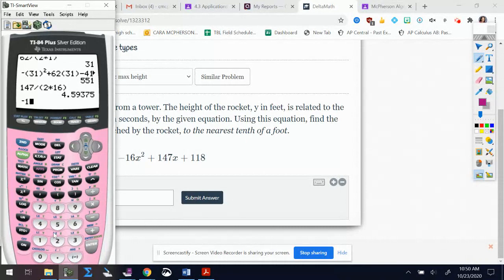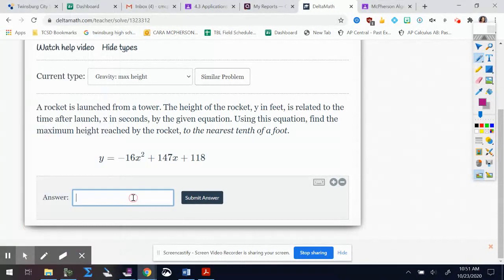So you're going to type in -16 times 4.6, I usually use parentheses, they're not really necessary, but it keeps everything straight for me, squared, plus 147 times 4.6, and then plus 118. Make sure you type it in right. Your answer will be in feet, and it will be the highest it gets. Again, make sure you round it to 1 decimal place, so it rounds to 455.6.